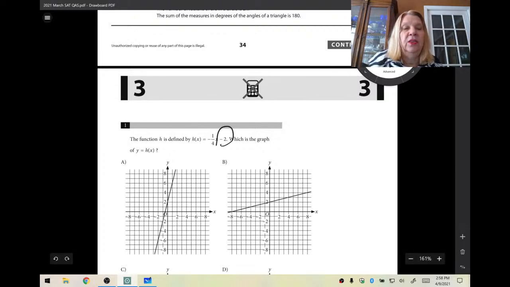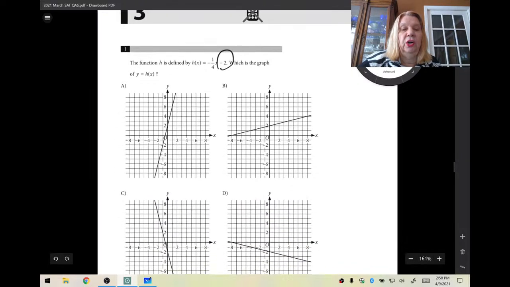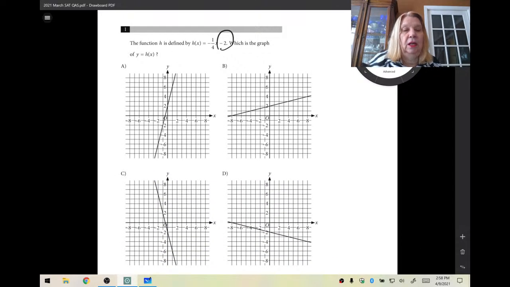Well, we can see the y-intercept is minus 2, which occurs in D, and also the slope is minus 1/4. So just looking at it, minus 2 and down 1/4. The answer for number 1 is D.